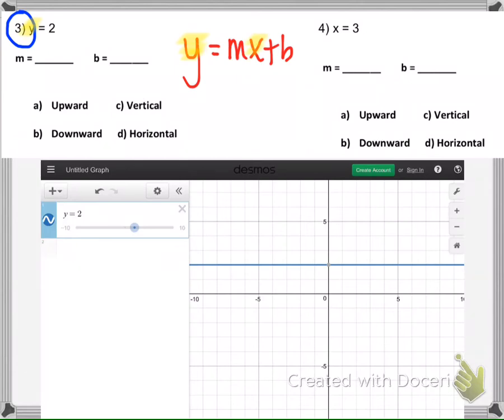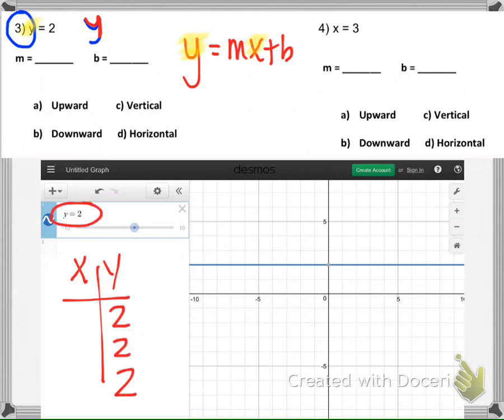So what we should know is from last module how to graph y equals 2. So remember, I remember it as if it doesn't have a y and an x, when I look at a y, it kind of looks like an upside down H. So that helps me remember it should make a horizontal line because all the y values are 2. That's what it means by graphing y equals 2.